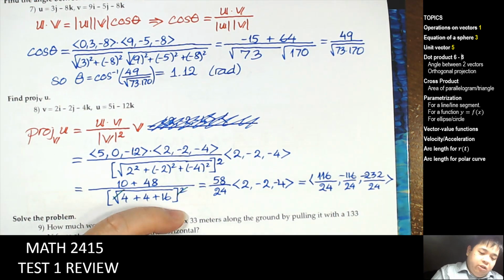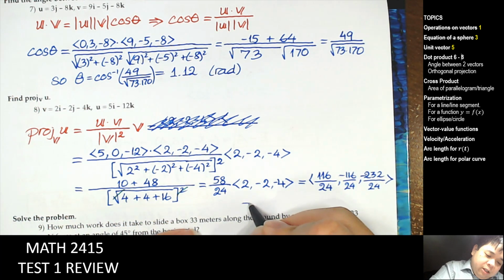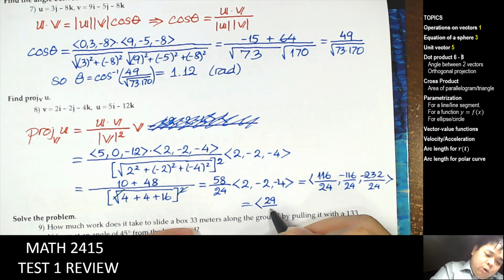All that is divisible by 4. I reduced by 4. So it'll be 29 over 6. -29 over 6.